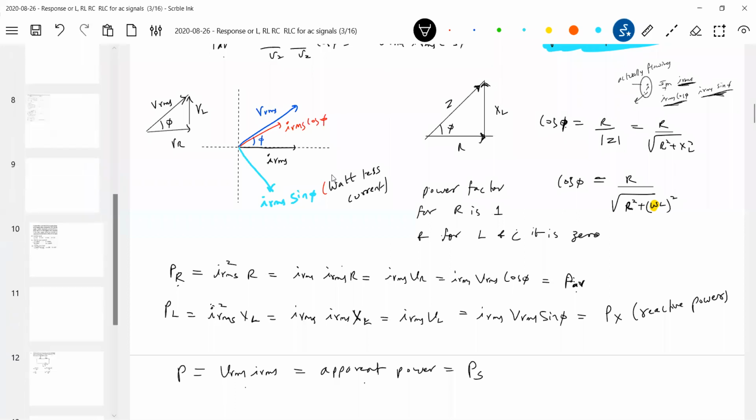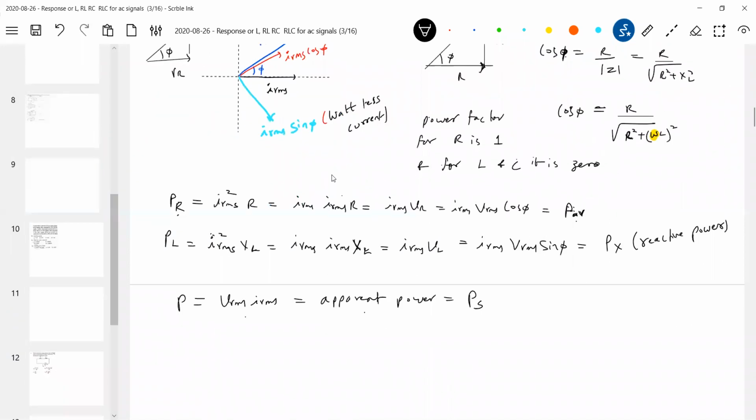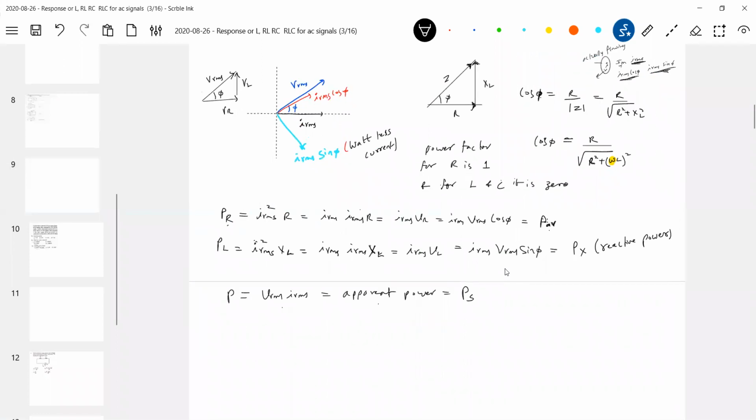Then how are all these powers related? So the power triangle, now we can draw it. PX, this is PR, and this is the apparent power. Then we can write one relationship.